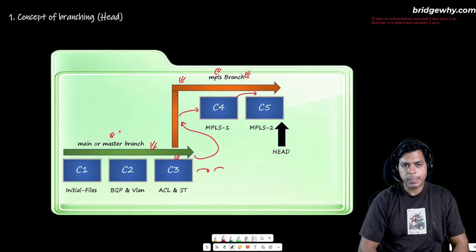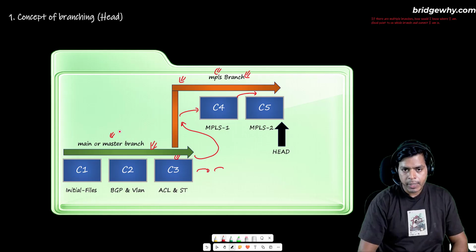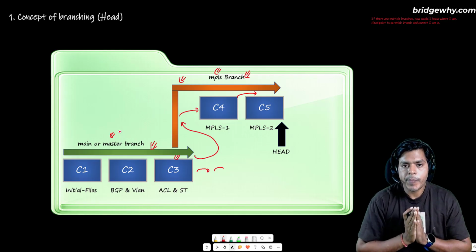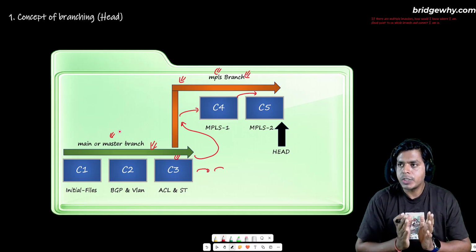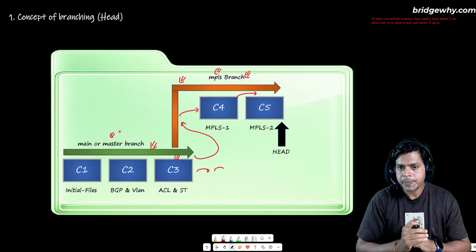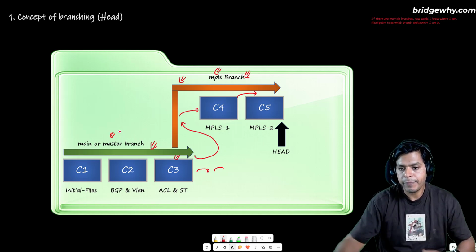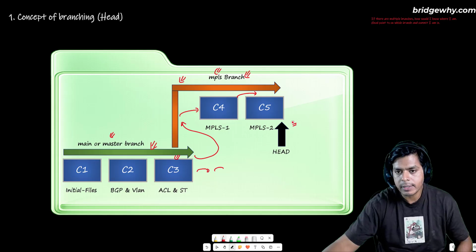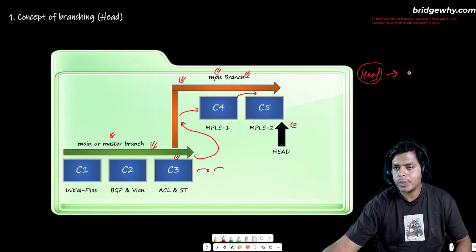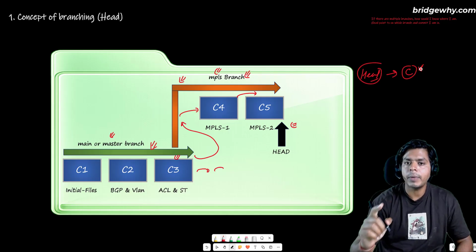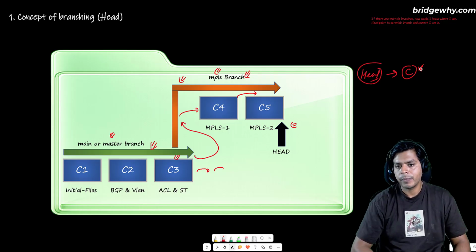Now there is a concept of HEAD. If I want to know in the current branch where I am, then I have to see where HEAD is. HEAD is something which always points to the latest commit you have done in that particular branch. What is the meaning?